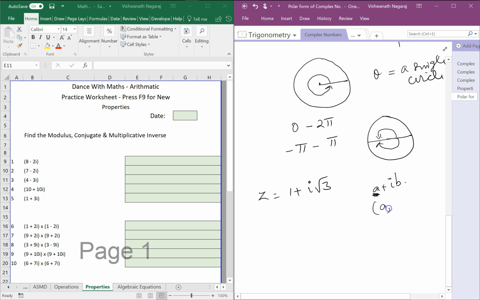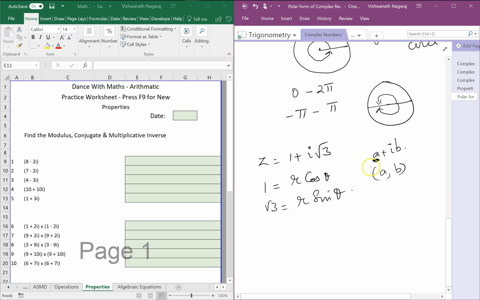Remember, this xy coordinate is a comma b. So a is cos and b is sine. So 1 is equal to r cos theta. Root 3 is equal to r sine theta. Remember, 1 is a, root 3 is b.